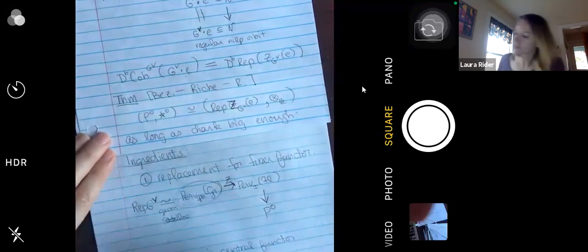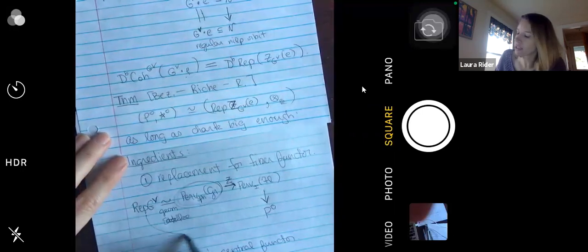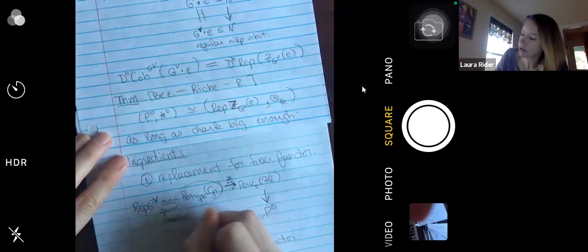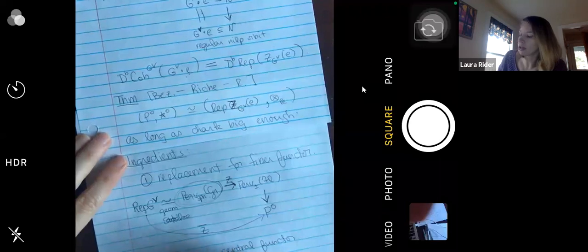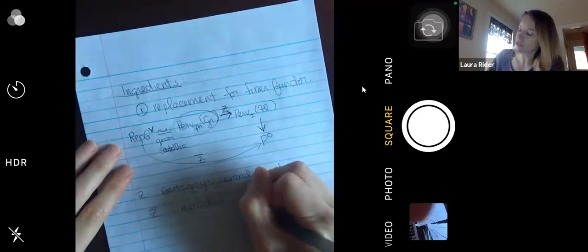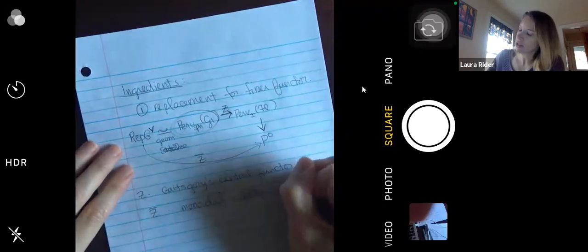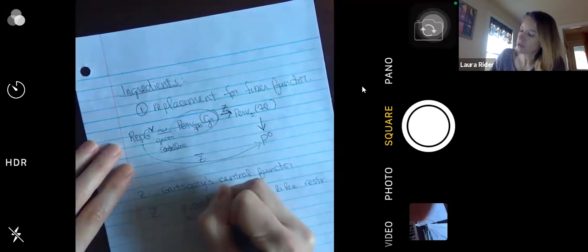So now we have a functor going from representations to our P0, and this functor is monoidal. It respects the monoidal structure on Rep G check and the monoidal structure on P0. And we need to show that it looks like a restriction functor, restriction to a subgroup.